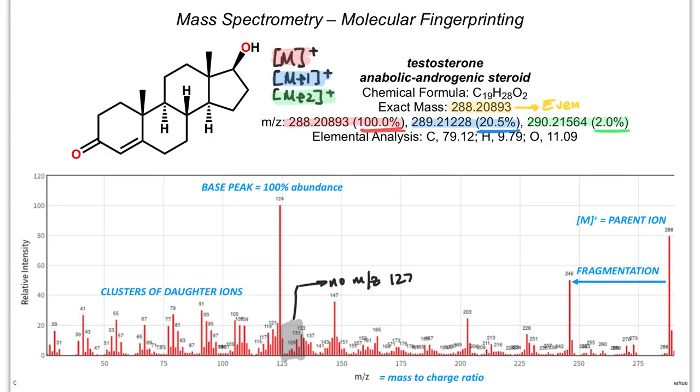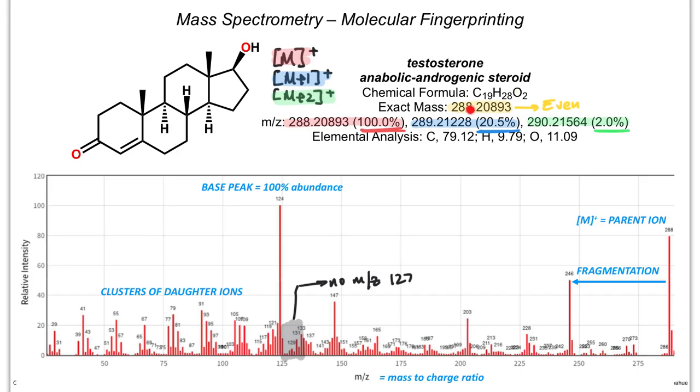Here's the mass spec of testosterone again, and I've written some things on here that I want to go through to show you what the numbers are telling you. Visually, there's the structure. We can do the carbon, H, and oxygen count to arrive at this molecular formula.